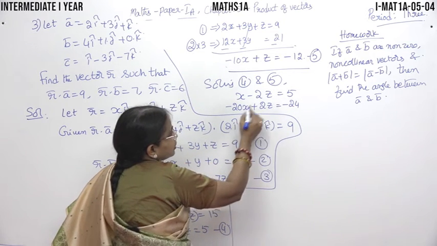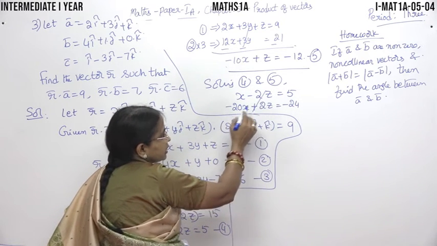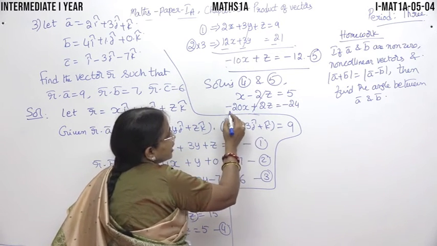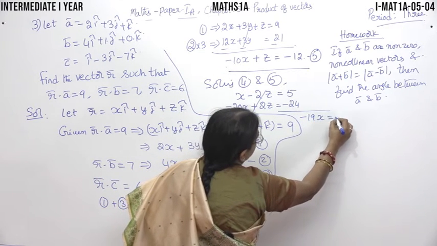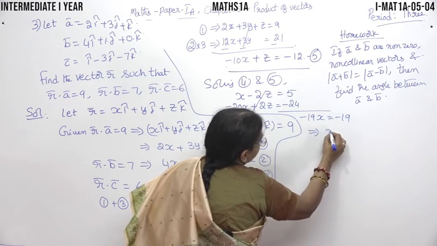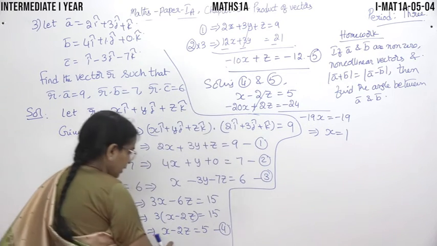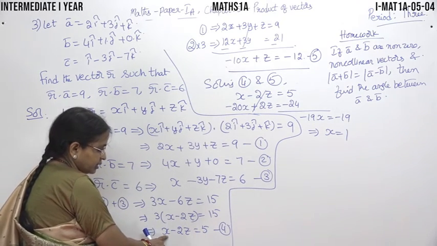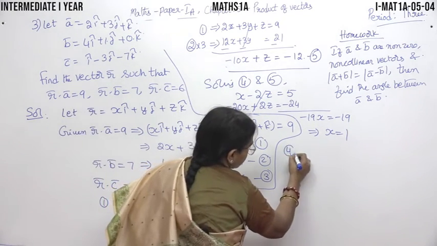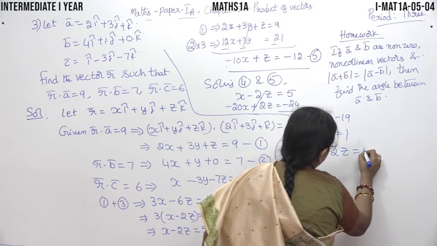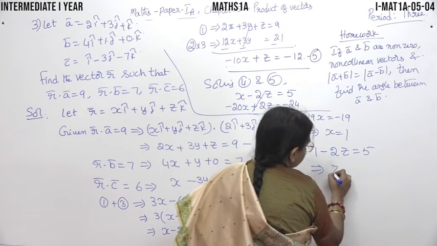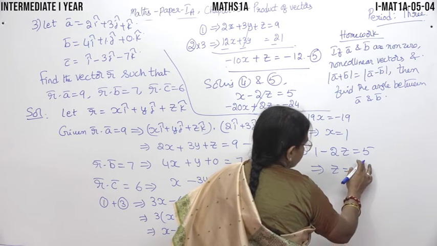So when you add these two, this 2z gets cancelled. So this is minus 19x, and you'll get minus 19x is equal to minus 19. So x is equal to 1. When x is 1, from the fourth equation you will get 1 minus 2z is equal to 5. So z is equal to, 5 minus 1 is 4.